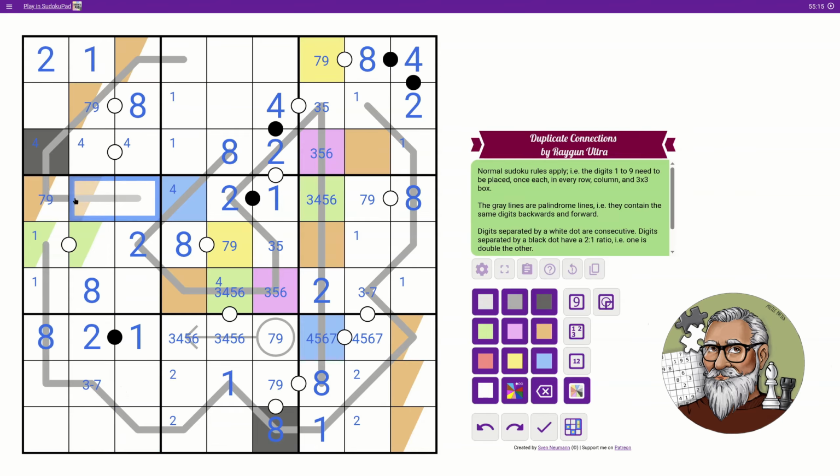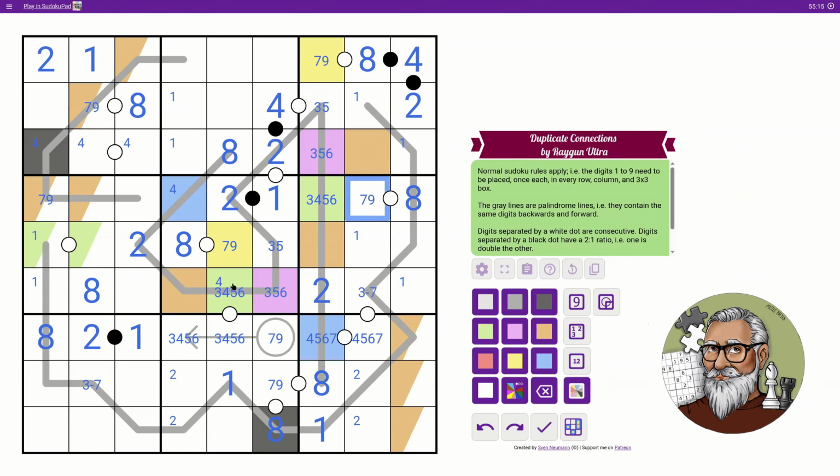Okay, none of those are yellow, right? Because, oh no, that's not true. This one can be yellow. Yeah. Okay.